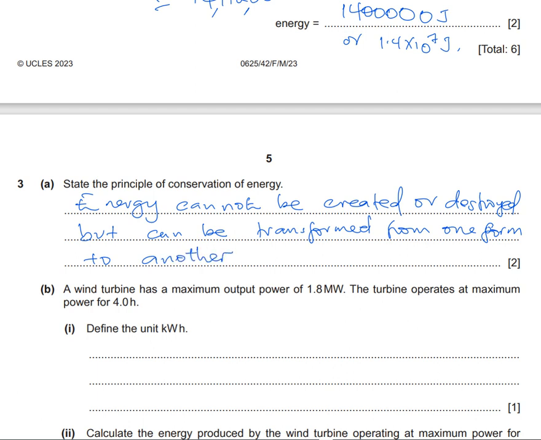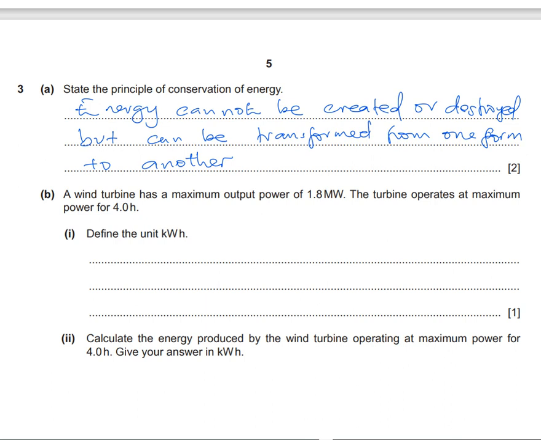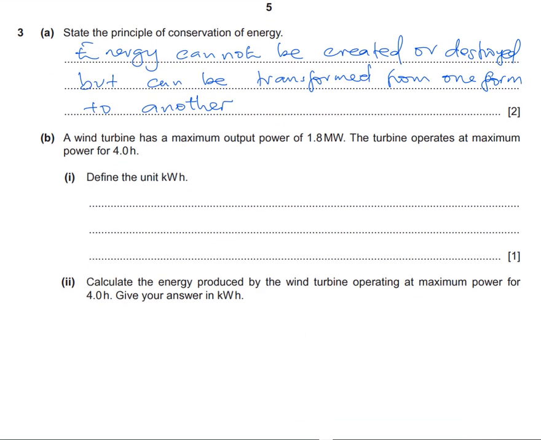So that is the principle. Energy cannot be created or destroyed, but can be changed from one form to another form. So that is the principle of conservation of energy.